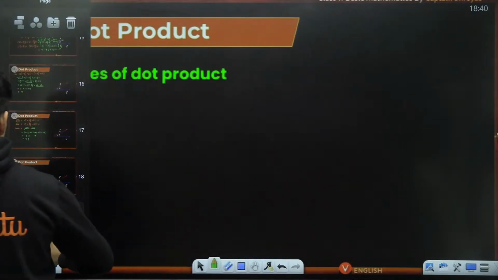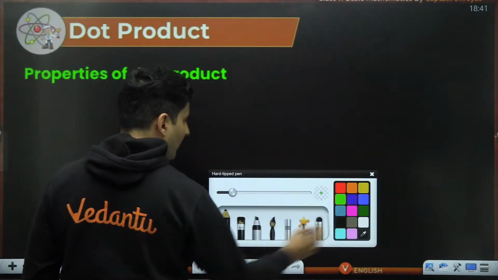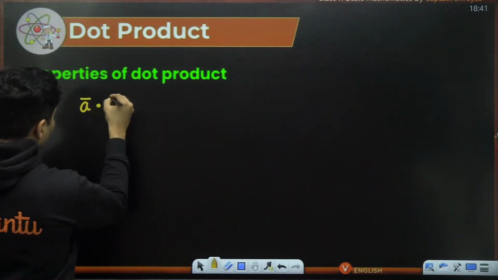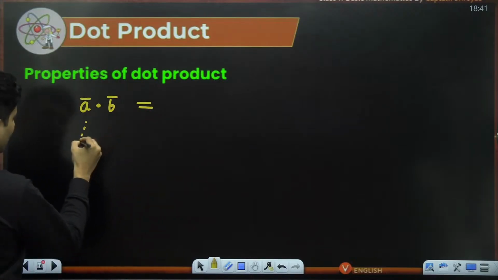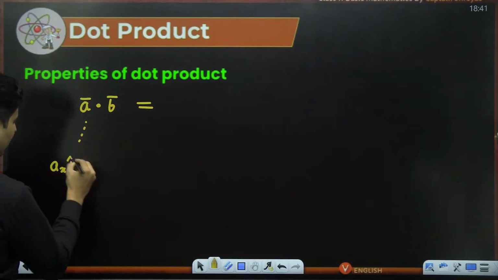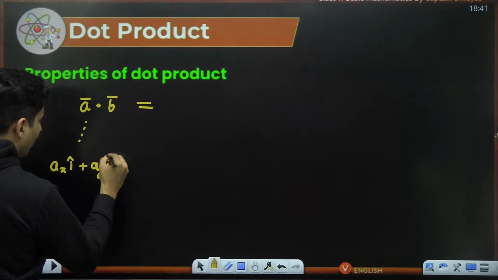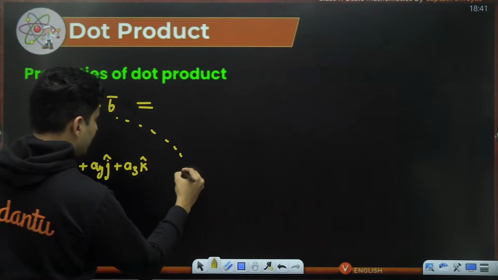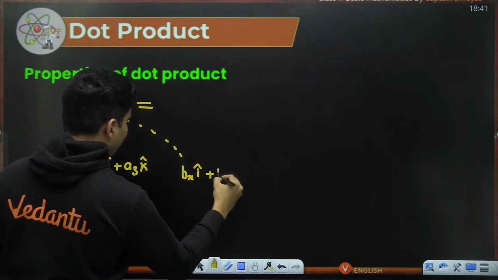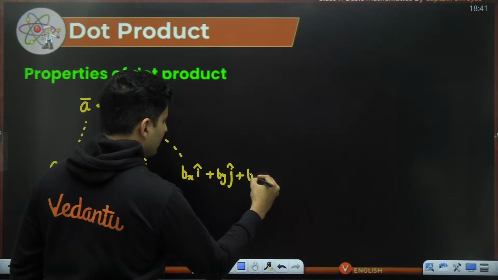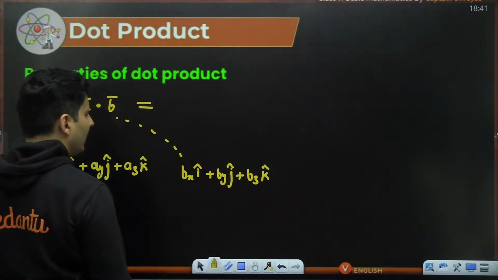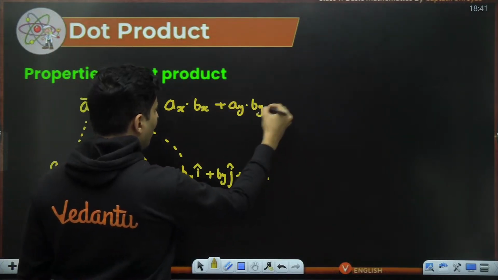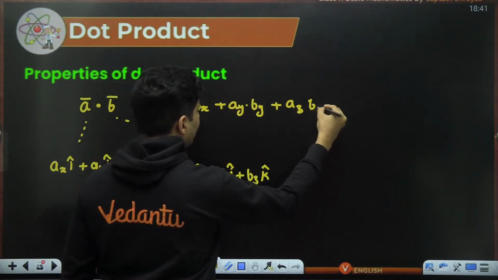So the final thing is where you can write that if you have A vector dot B vector, where your A vector is some X component, Y component, and Z component like this, and your B vector is X component of B, Y component of B, and Z component of B, then the final outcome is AX BX plus AY BY plus AZ BZ.